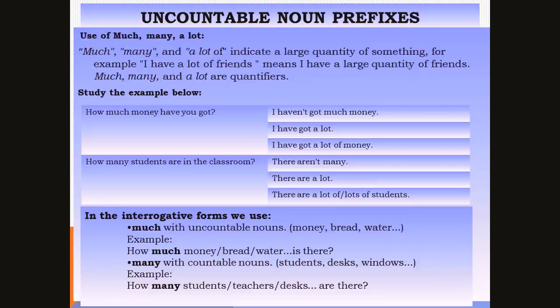And much wherever there is an uncountable noun like rice and sugar, as I have already explained to you. And another thing, there are some forms that you can easily understand from this slide. Where should we use much and where should we use many?